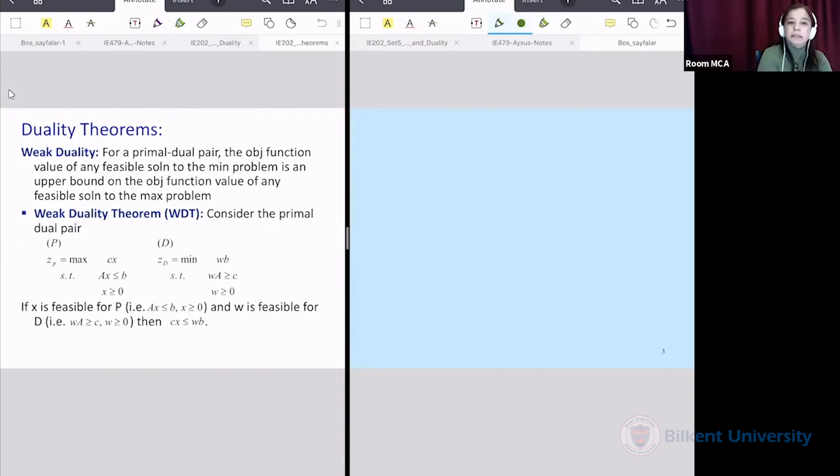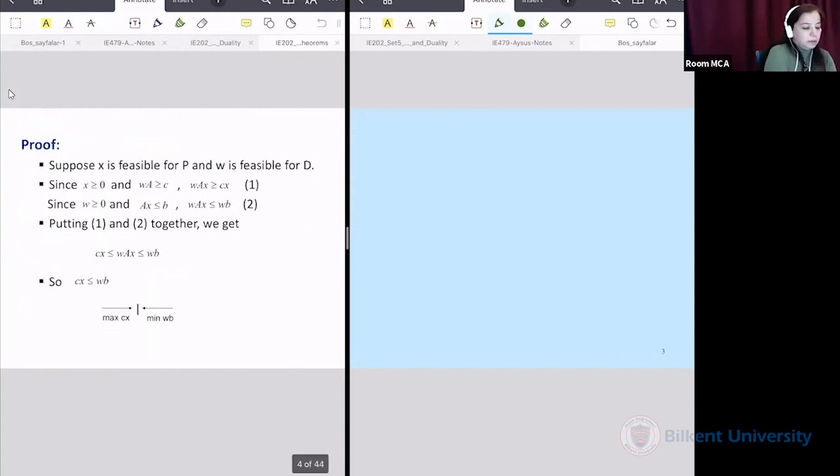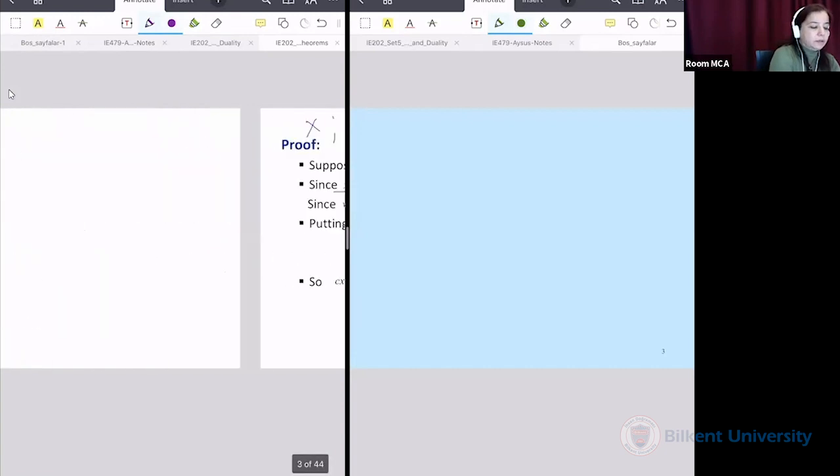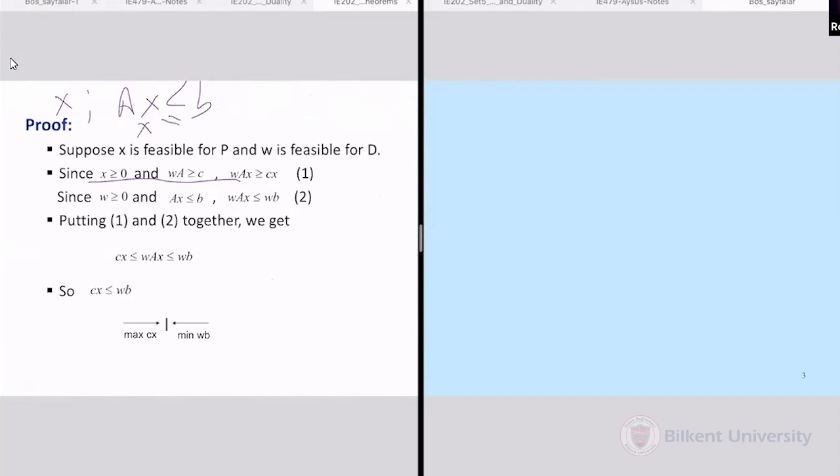So I've taken my canonical forms, right? Maximizing CX. This is my feasible X, right? My feasible X satisfies AX, it's a canonical form max, so my AX is less than or equal to B and X non-negative.